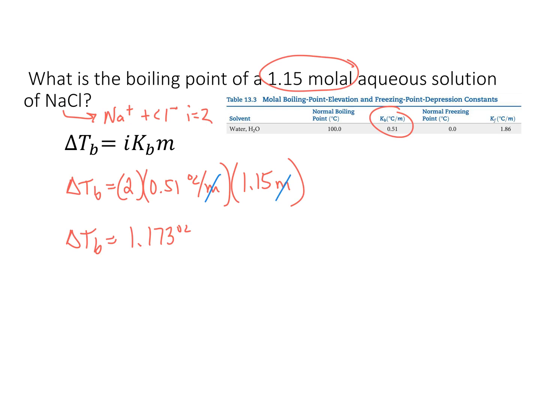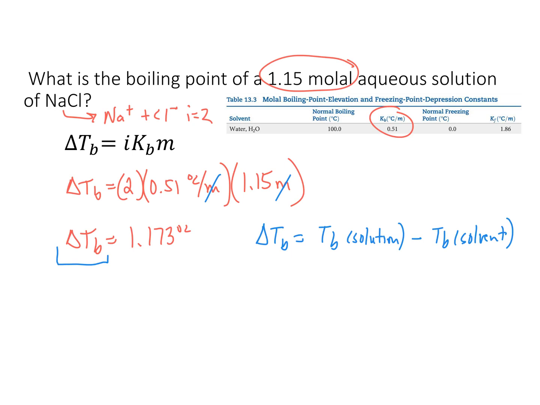Here's the trick though, we're not done, because you should be thinking water normally boils at 100 degrees Celsius. I'm looking at 1.17 degrees Celsius. That seems a little bit low. And that is low because this is not the boiling point, that is my change in boiling point. And remember, the change in the boiling point equals the boiling point of my solution minus the boiling point of my solvent.